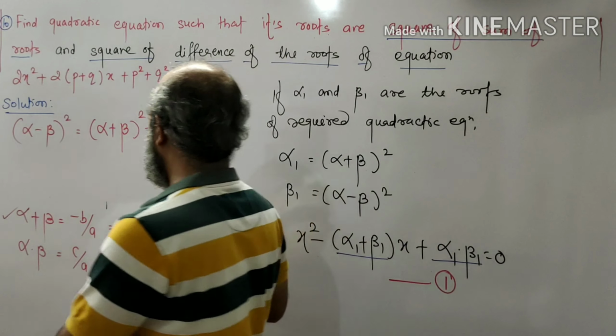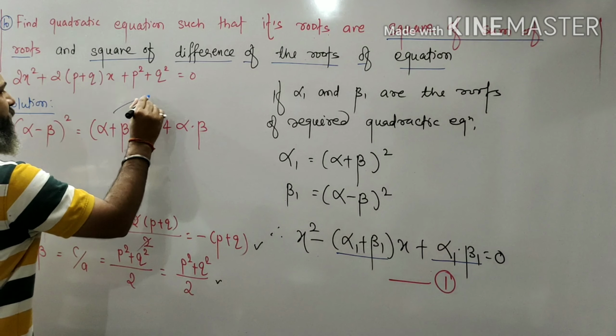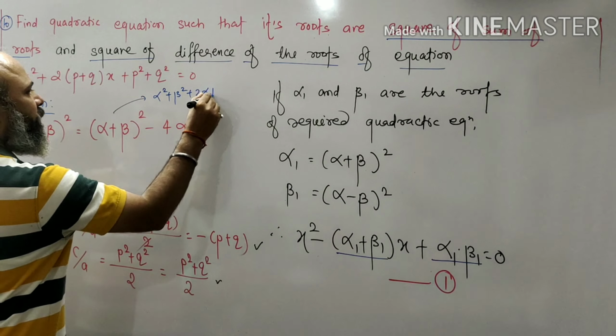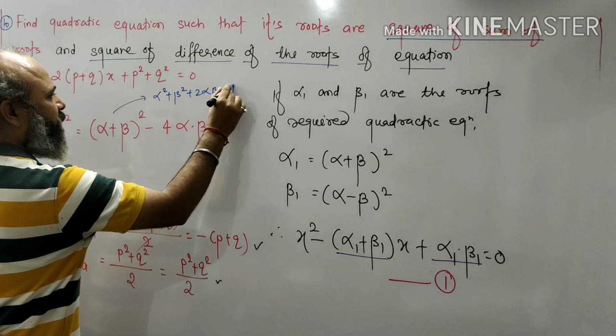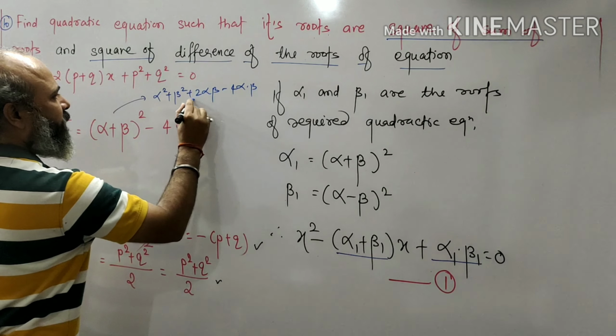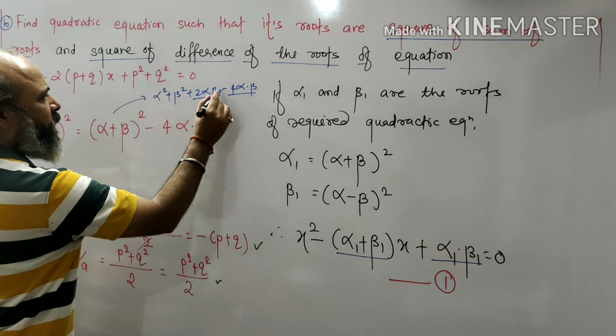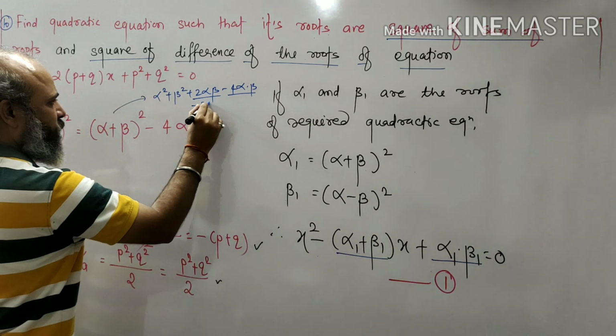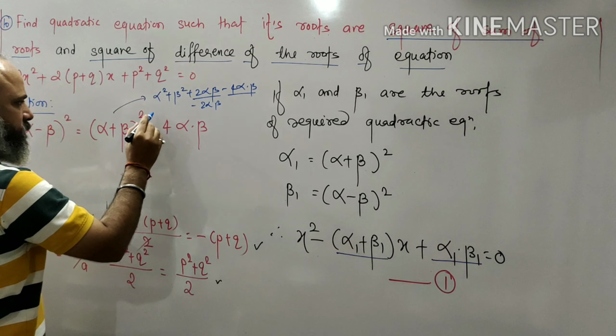Student, so here what will you get? Plus 2 alpha beta minus 4 alpha into beta, you will get minus 2 alpha into beta.